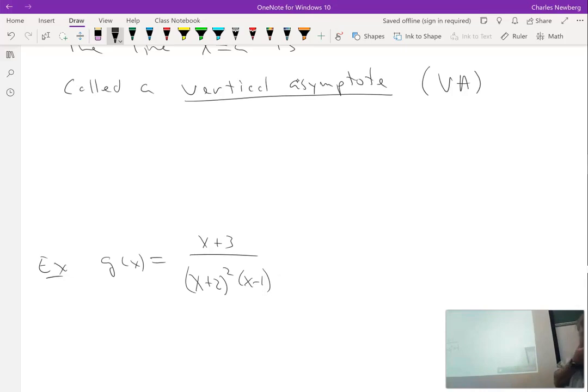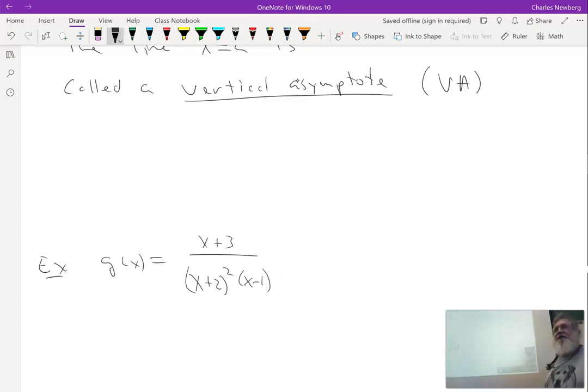So, get that copied down. No peeking at it. So, first thing I want you to say to yourself is, what type of function is this? Rational function, right? Polynomial over polynomial, and no, we're not going to multiply this out.